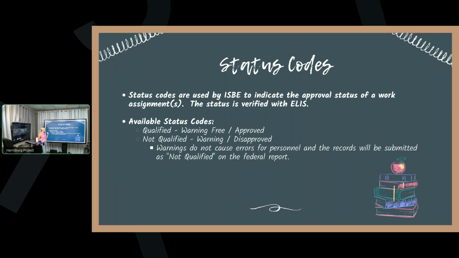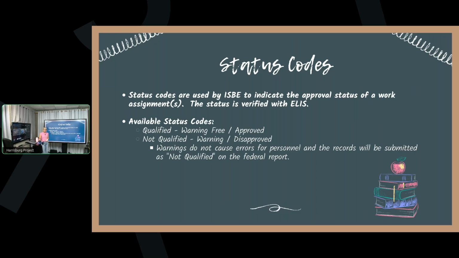Okay? So if you get a warning, more often than not, it's because of something with their credentials. So that's where you can go back. If you look at one of the slides at the beginning where we had the credentials section, you can look there and see why they are coming back as disapproved. So you can call us.